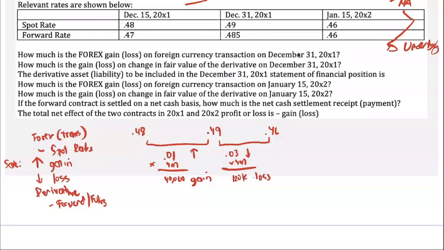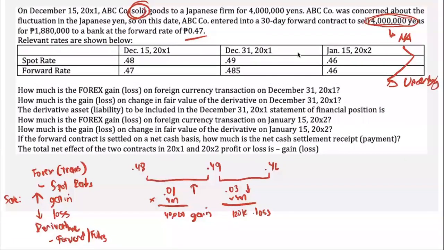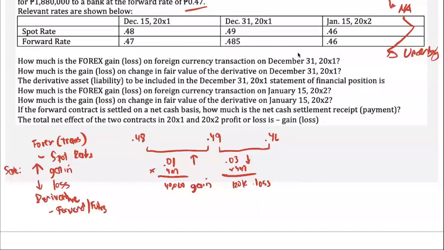So this is considered a loss. So we're done accounting for your foreign currency transaction. Okay? So the foreign currency transaction is a sale. If there is an increase, it is a gain. If there is a decrease, it is a loss. Alam nyo na yan.